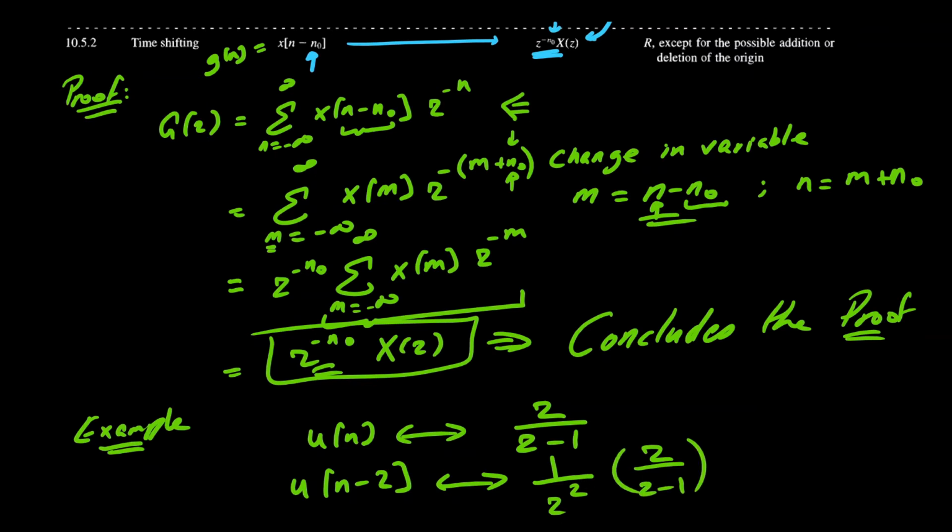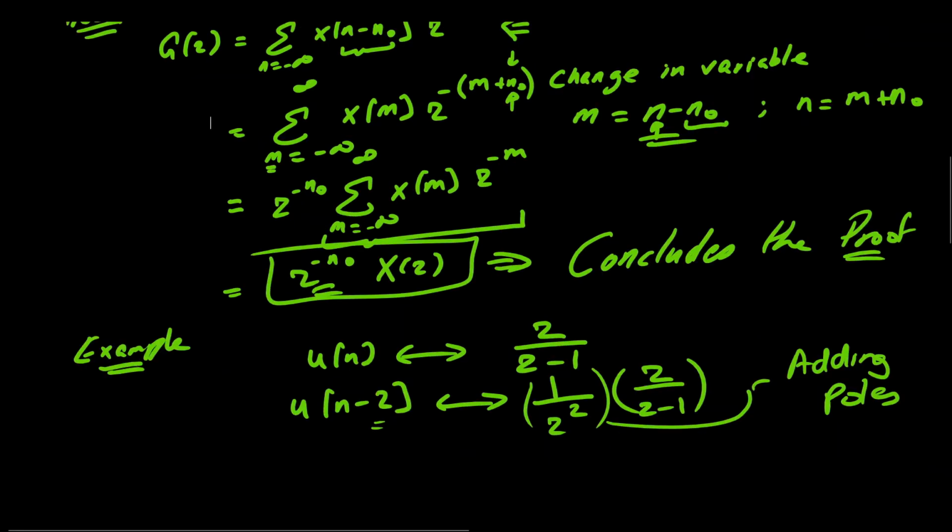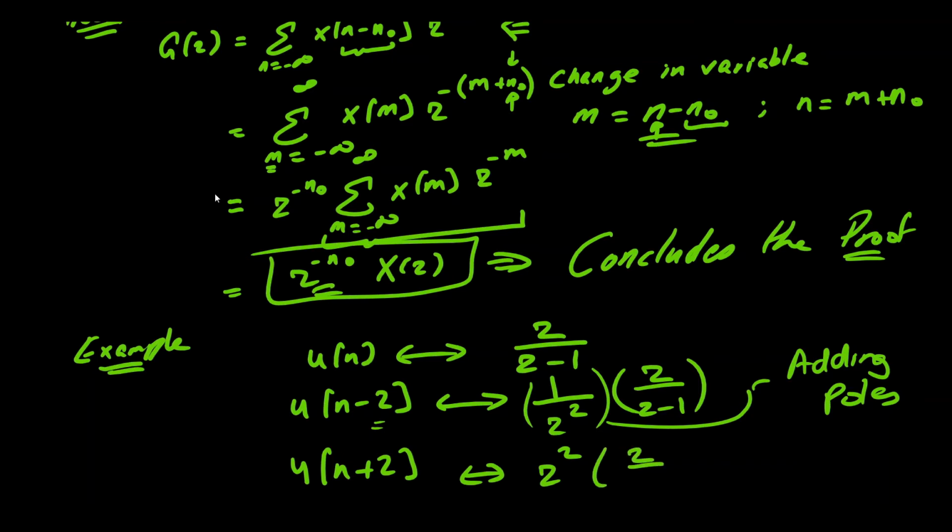In short, if we are delaying, this means that we are adding poles. In the meanwhile, if we are advancing in time, this would mean that we have z squared multiplied by z over z minus 1. So this means that we are adding zeros.